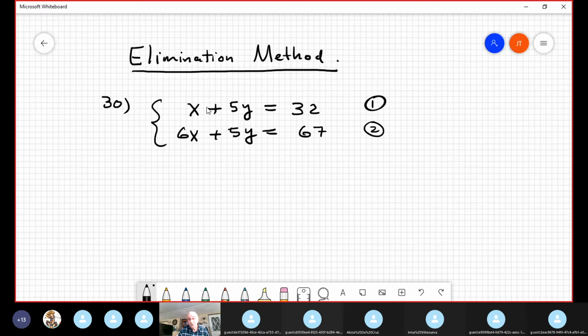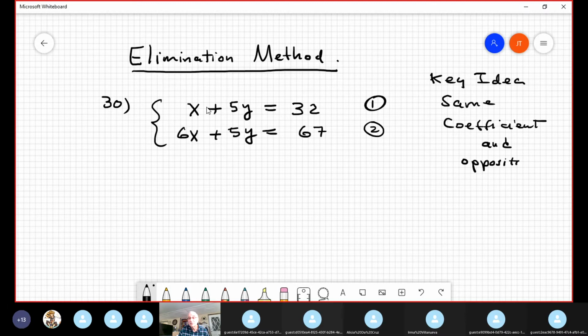Remember, the key idea for the elimination method is the same coefficient and opposite sign. One positive, one negative. In this case, 5 is the same number. I take advantage of this. But to enforce opposite signs, you multiply either equation by -1. I prefer, I don't know why, to multiply equation 1 by -1.